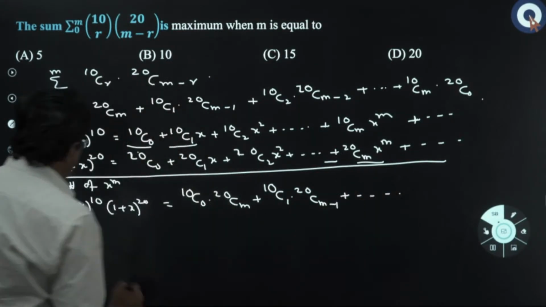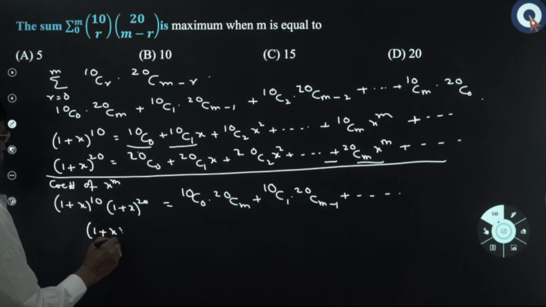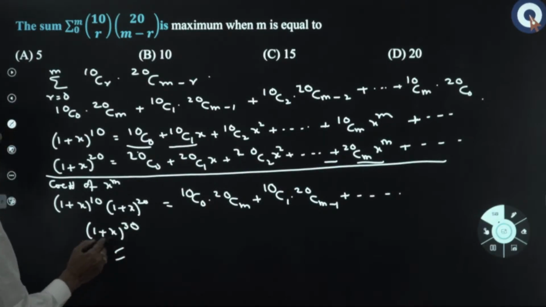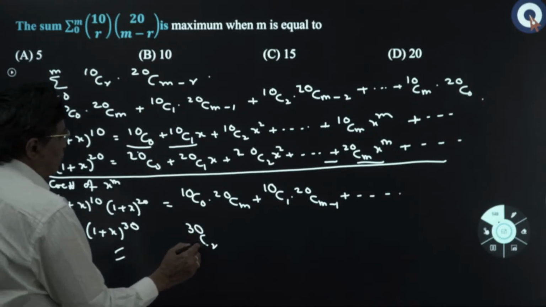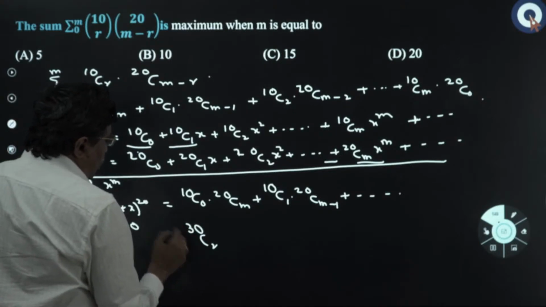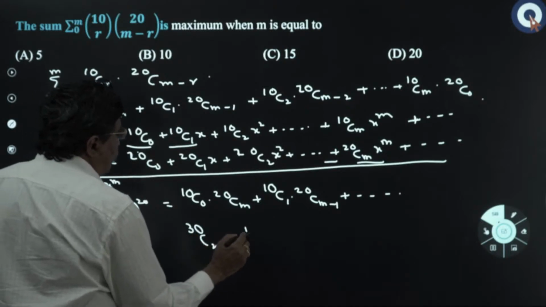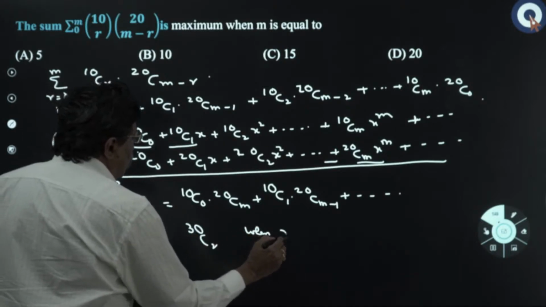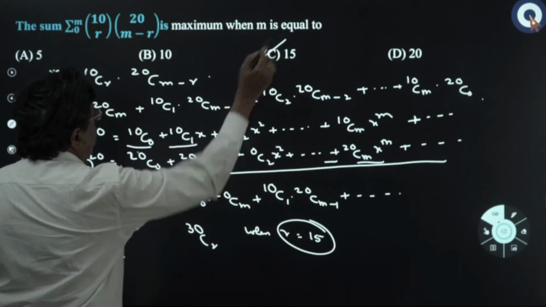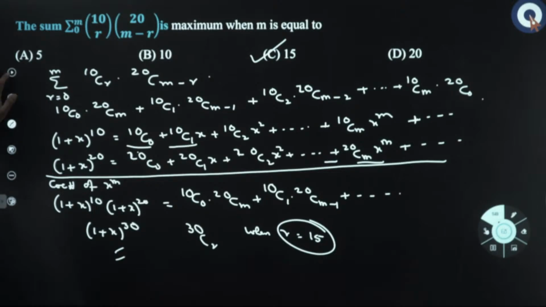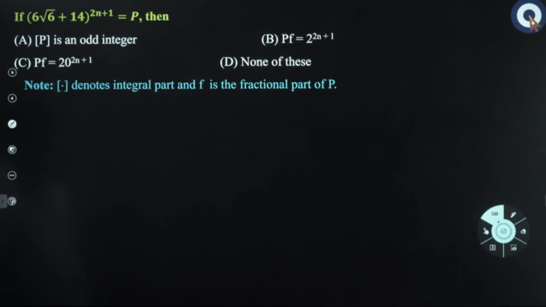So this is (1 + x)^30 basically, and the coefficient of x^m in this is 30C_r. Now 30C_r is maximum when r is equal to 15. Okay, right.